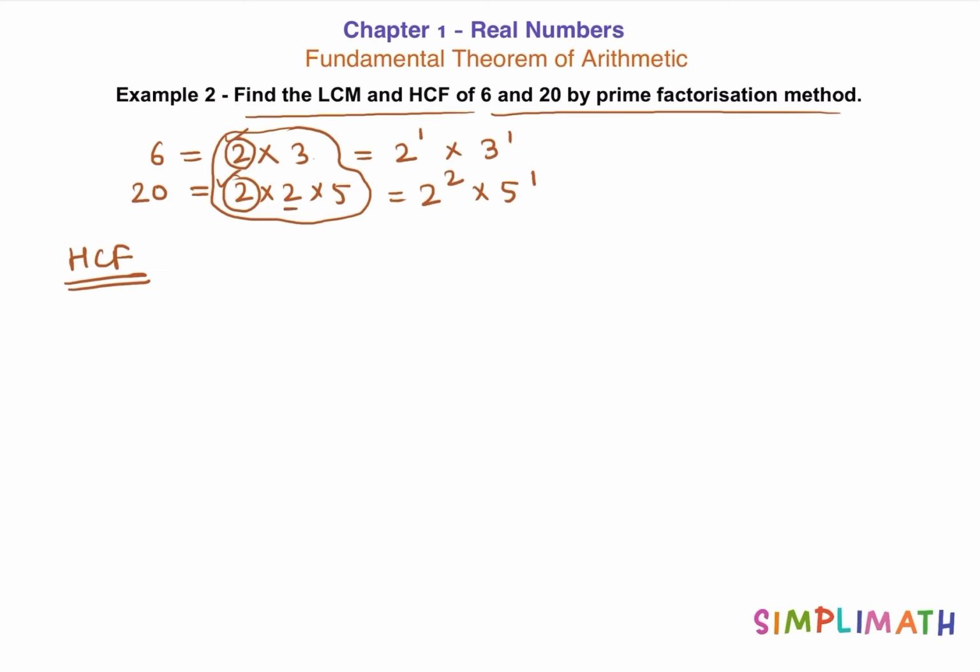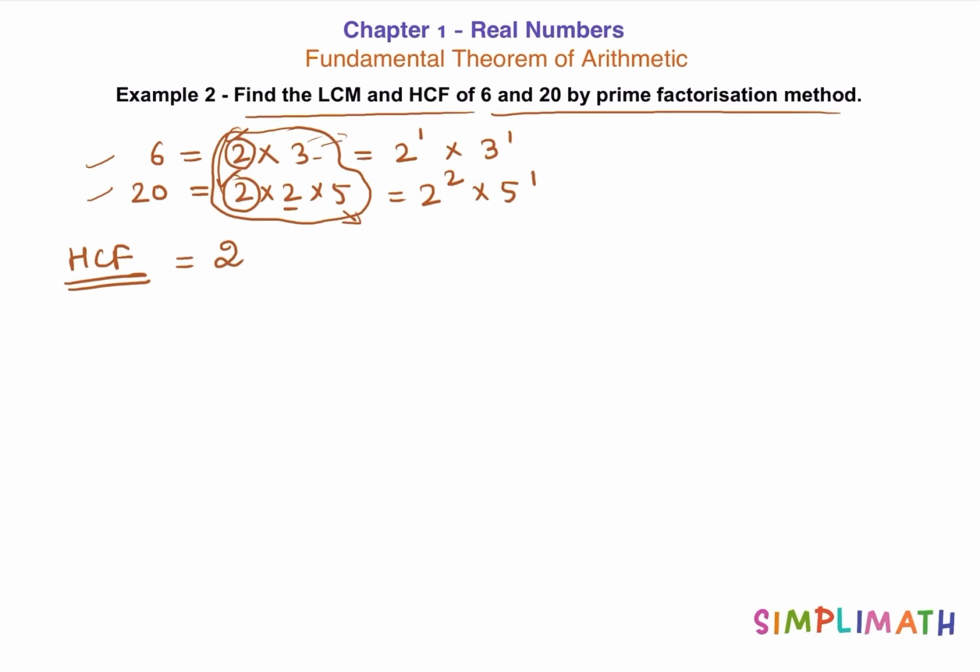This 2 is not common over here, and 3 is not in 20's prime factorization, and 5 is not in 6's prime factorization. So only one power of 2 is common among the prime factorization of 6 and 20. So HCF of 6 and 20 is 2.